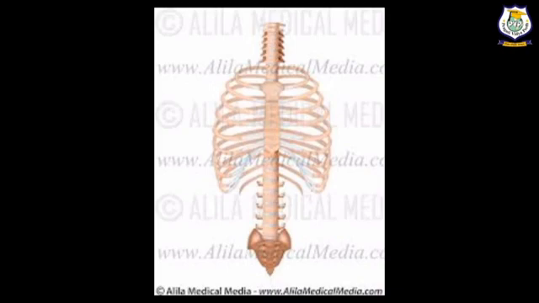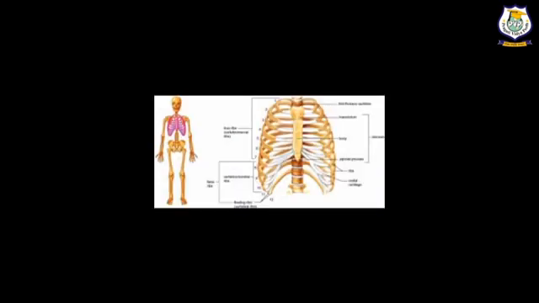The sternum is a flat bone in the middle of the chest. The last 2 pairs are not joined to the breastbone, and therefore these are called floating ribs. The ribs form a kind of cage, and that is why it is known as the rib cage.